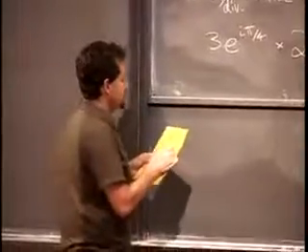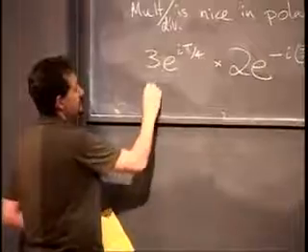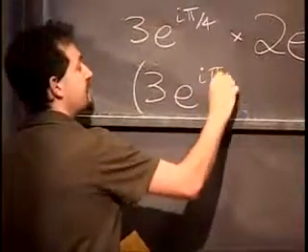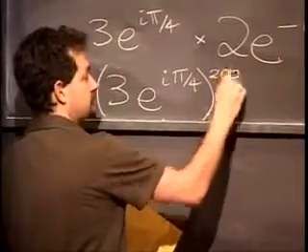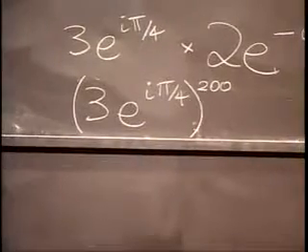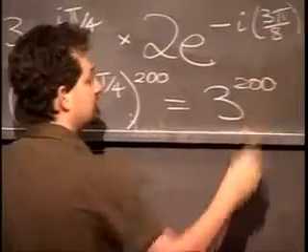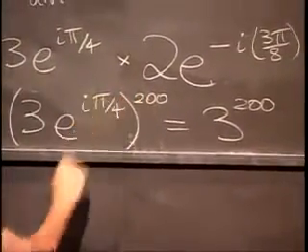Now, what about taking a large power instead? So suppose I do 3e to the i pi over 4 again, and I want to raise that to the 200th power. What would that be? Well, I just raise 3 to the 200th power, and I multiply these exponents.